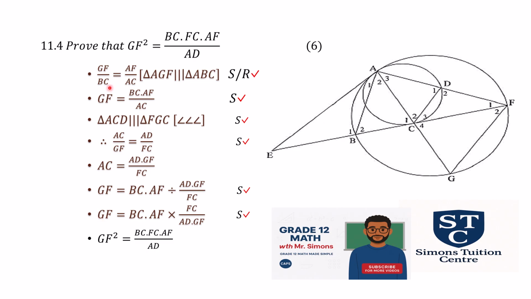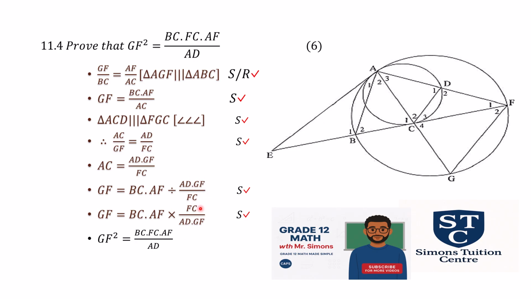So GF, which equals BC times AF over AC. GF would equal BC times AF divided by this new version of what AC is, AD times GF over FC. If I change division to multiplication, FC and AD times GF change positions. So we use the reciprocal, or we invert the fraction.